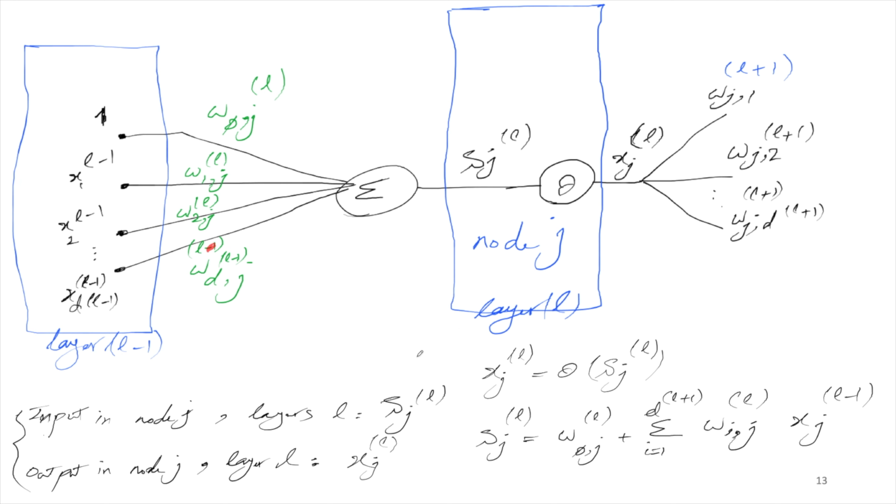So you're going to have x_j of L, which is the output of the activation function over the node J. And then s_j of L is equal to the weights of the previous layer, the summation of all weights multiplied by the x's from the previous layer. So that's going to be a high level representation.